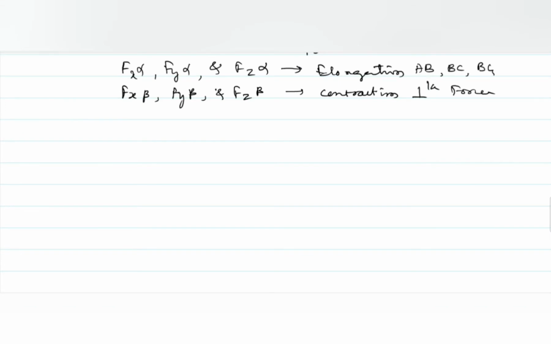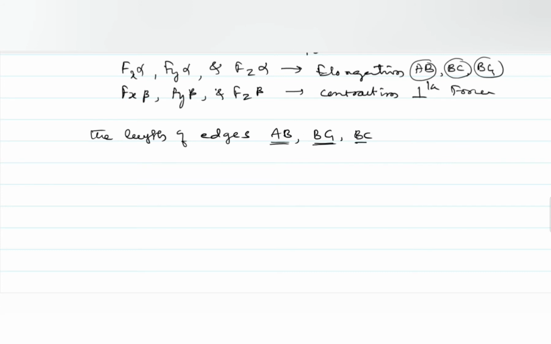The length of the edges becomes, I have taken here the elongations AB, BC and BG. So the lengths of the edges, those are the edges AB, BG and BC. For this elongation, what is the length produced?